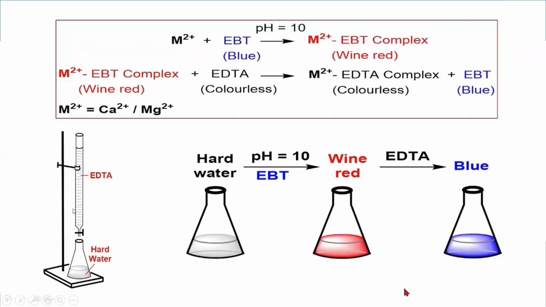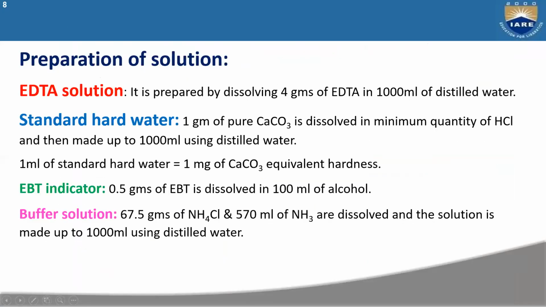The burette contains EDTA solution. Already you know how we prepare it: 4 grams of EDTA dissolved in 1000 ml of distilled water. We fill that into the burette. Okay. Next, the conical flask.